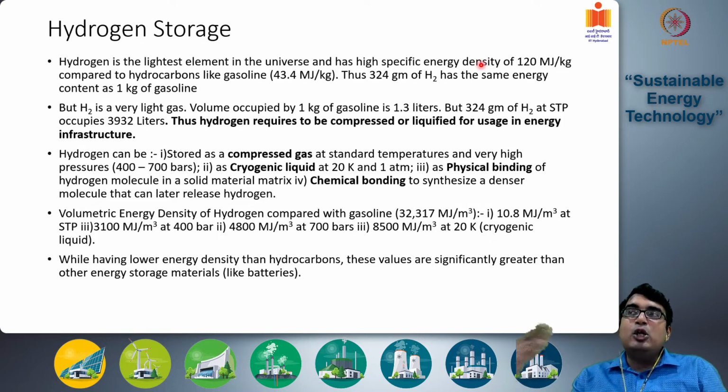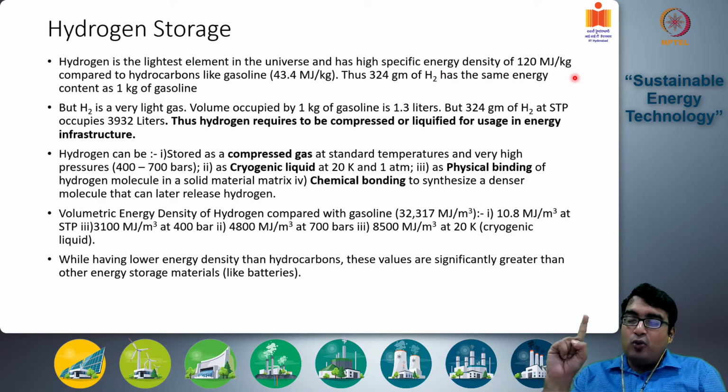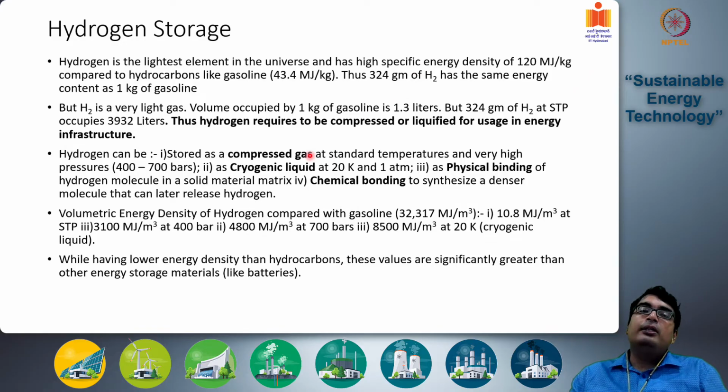So it has very low density but very high specific energy. Its volumetric density is low, but its specific energy, this energy per unit mass, is very high, 120 megajoules per kg. So if you can store 1 kg of hydrogen, you can get 120 megajoules of energy out of it, compared to liquid hydrocarbons like gasoline, which is around 43 megajoules per kg.